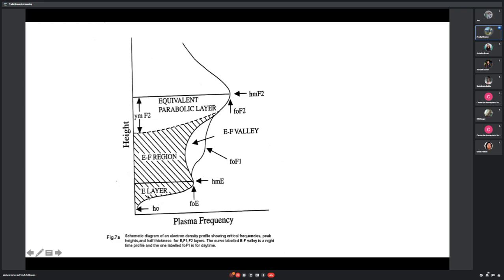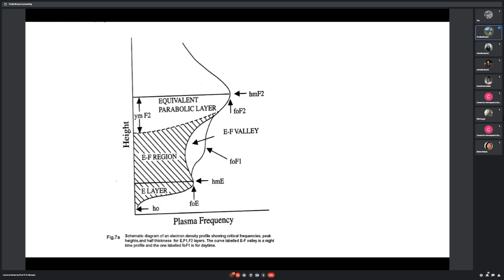of altitudes. E layer is normally about 20, 30, or 40 kilometers thick, but F1 can be 100 kilometers thick, between 50 to 100 kilometers, and F2 can be, say, 200, 300, 400, 500 kilometers thick. You do not know exactly how high it can go.